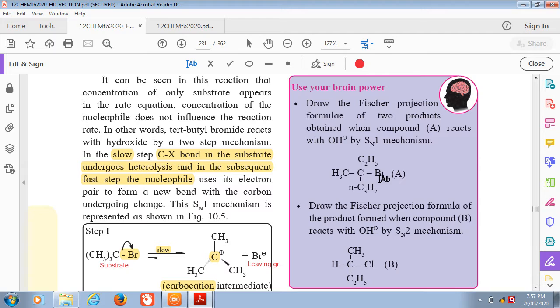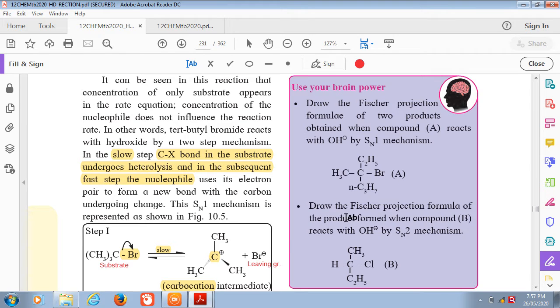So simply replace this Br by OH, and if you write the mirror image of this, with Br on the left hand side and CH3 on the right hand side, that is the enantiomer of this. Simply change the position of Br in your mirror image and replace the Br by OH, that gives your product, and then write down the mirror image of that, which is the enantiomer of your product.